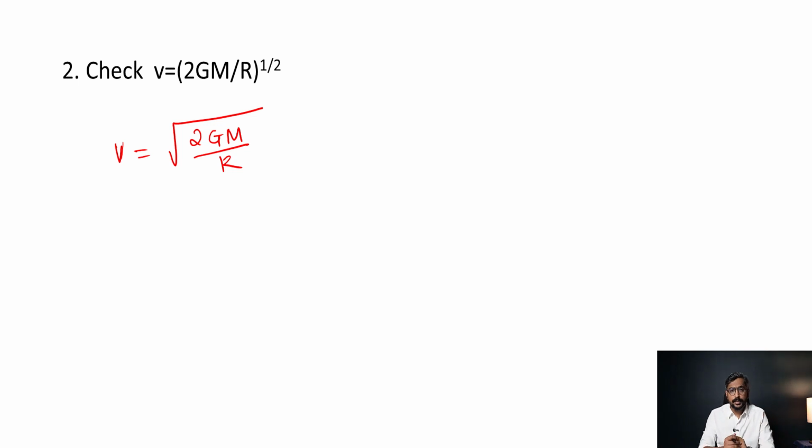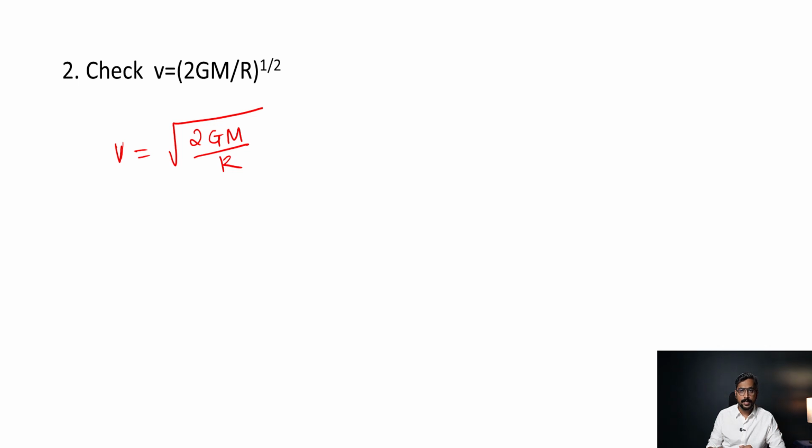Now the next question, it's for you. Check V is equal to root 2 gm by r. You will study this equation when you come to the gravitation chapter. This is the velocity, V is equal to root 2 gm by r.